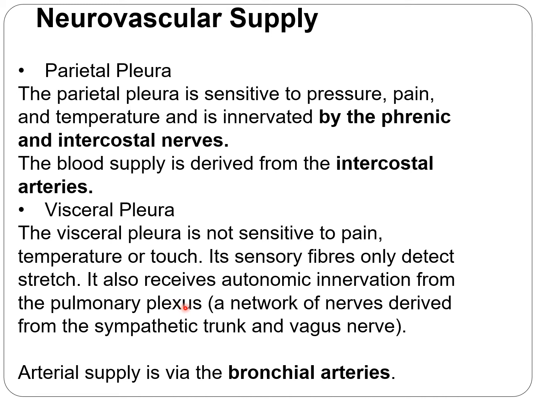The pulmonary plexus is the network of nerves derived from the sympathetic trunk and the vagus nerve. The arterial supply of visceral pleura is from the bronchial artery, while parietal pleura is supplied by the intercostal artery.